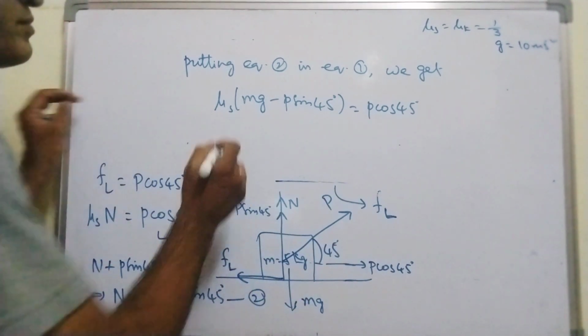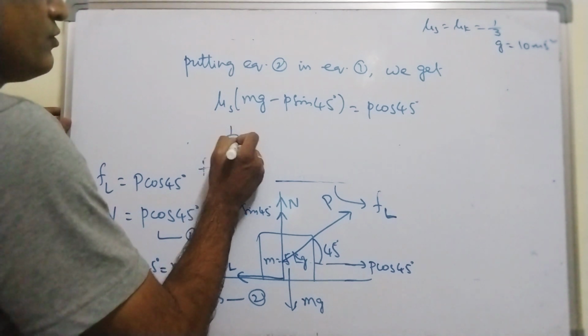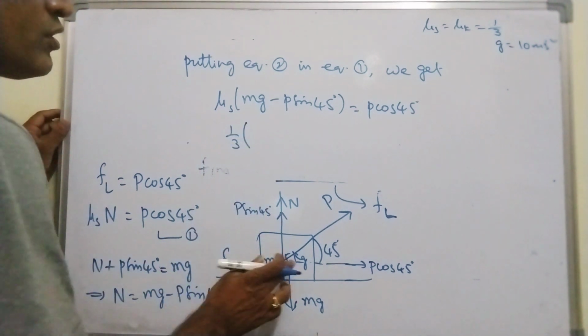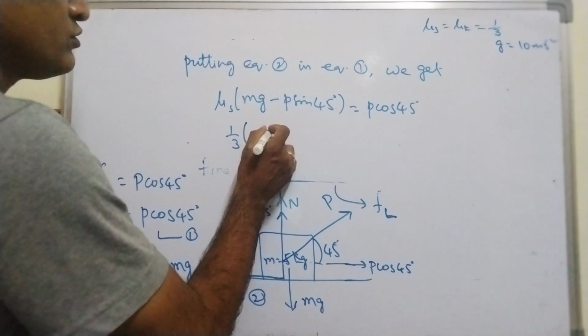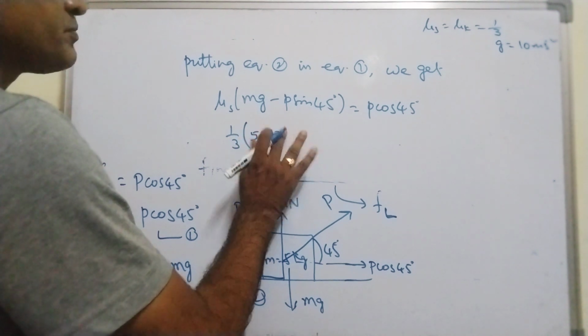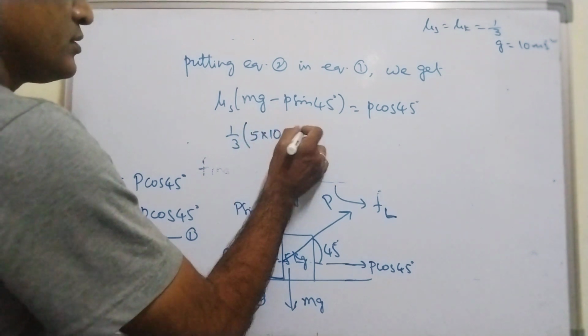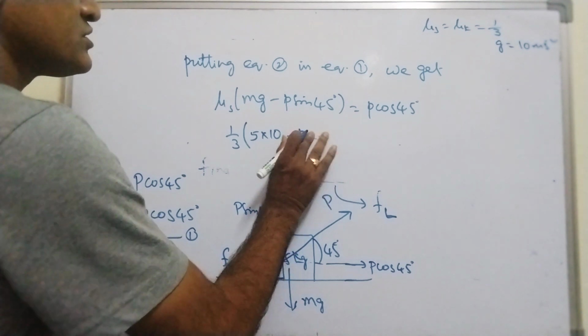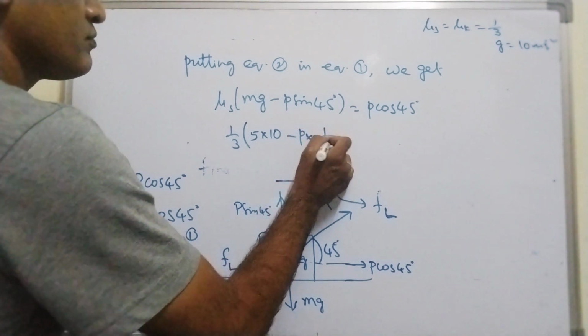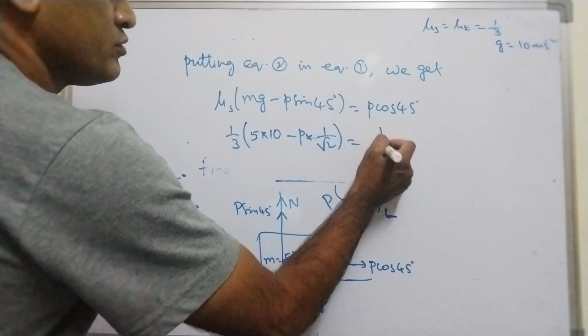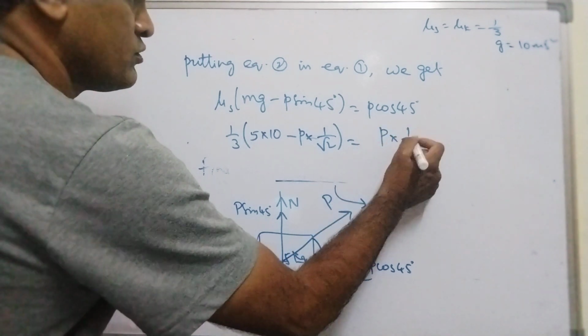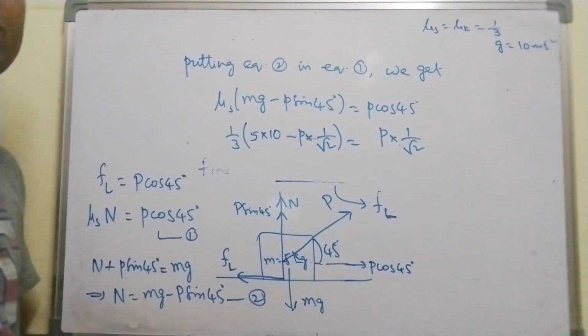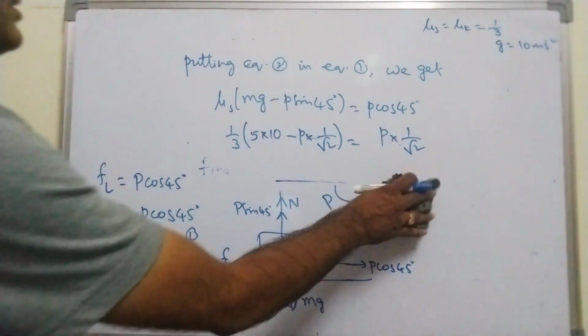Mu s is given as 1 by 3, into the mass of the block, which is 5 kg. So 5 into 10 minus P, whose value we have to find out. P into sin 45 is how much? Sin 45 is 1 by root 2, so P into 1 by root 2, because cos 45 is also equal to 1 by root 2. Right?